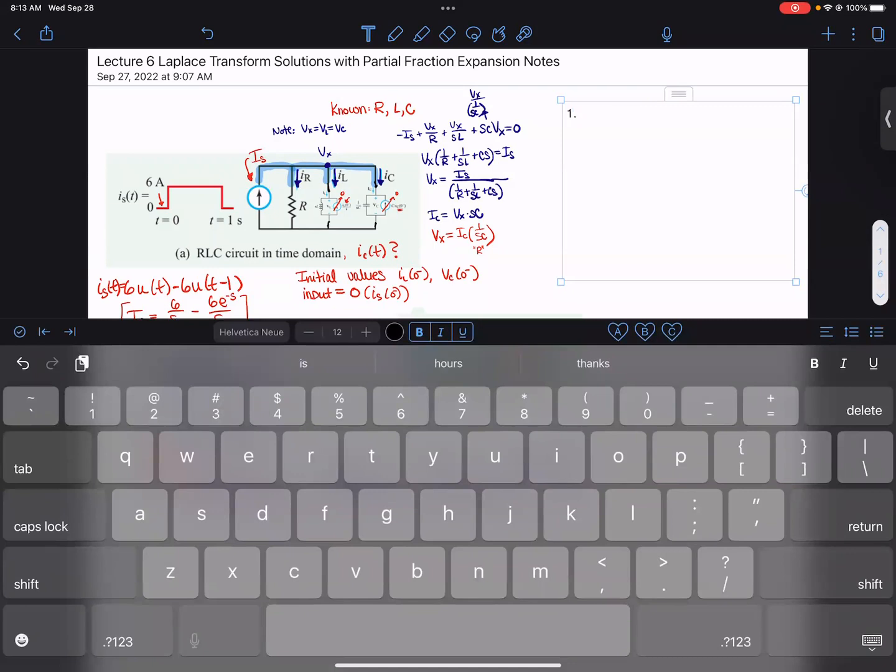Okay, first step. Correct. So transform into S domain. What did we do after we transformed it into the S domain?